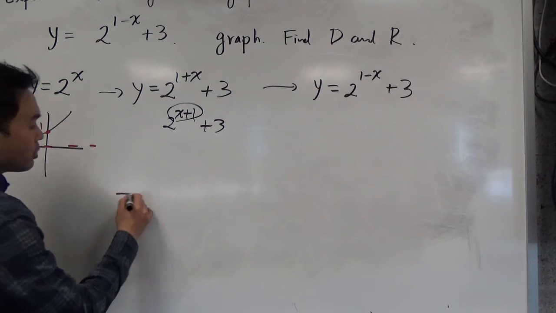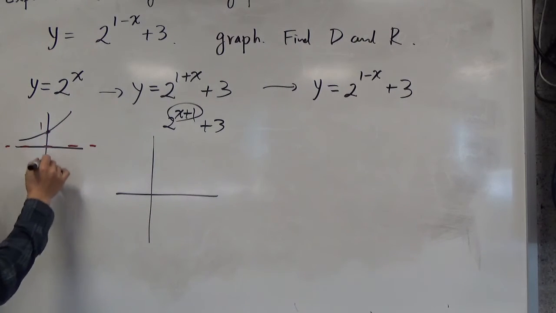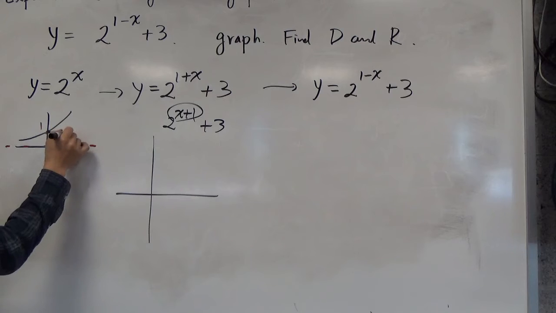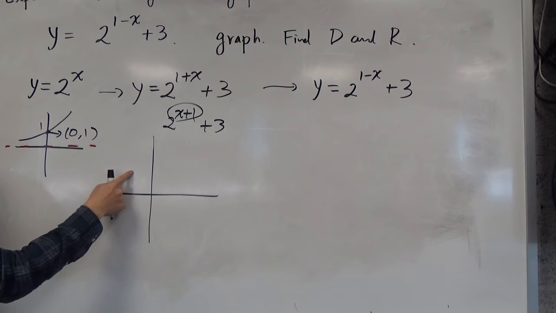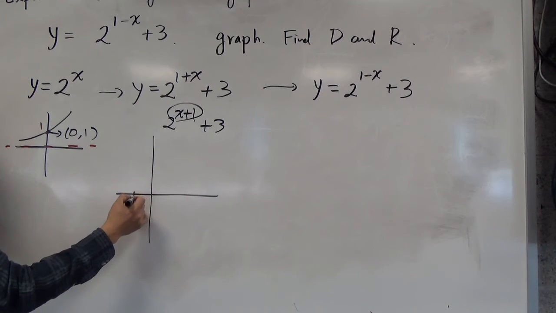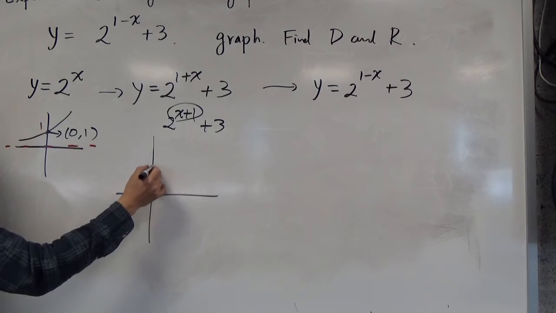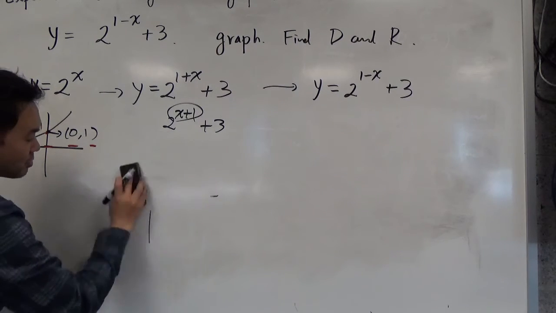So what happens is this 0, comma 1, here is 0, comma 1. That goes 1 left, so it's negative 1, comma 1. But then you add 3, so it's negative 1, comma 4. So if I say this is negative 1, I'll probably want to make this bigger.